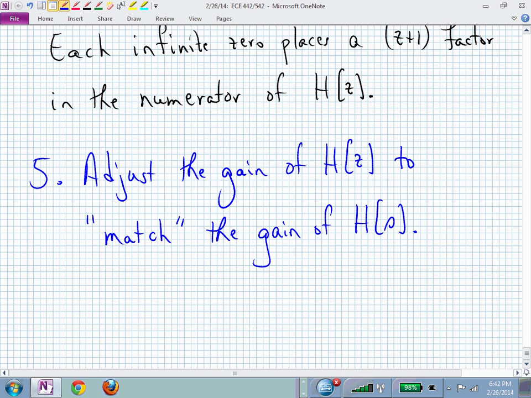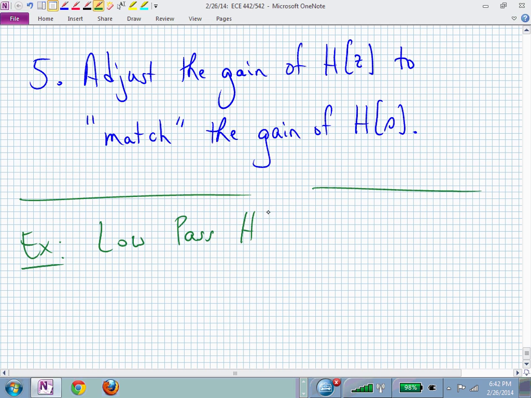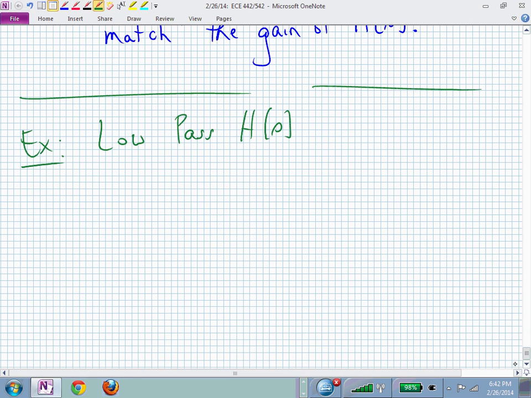Is that making sense? Suppose that we now have a low-pass h of s, which we just had. Then we might have a frequency response that looks like that.